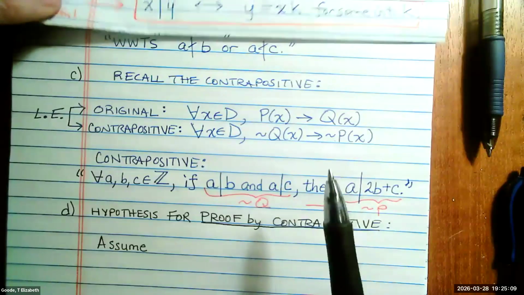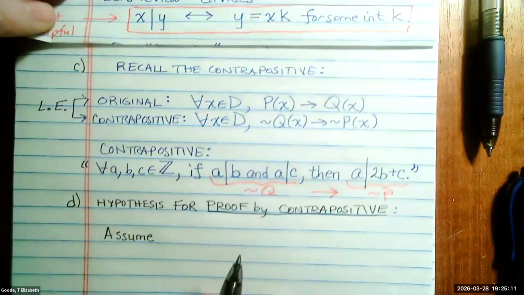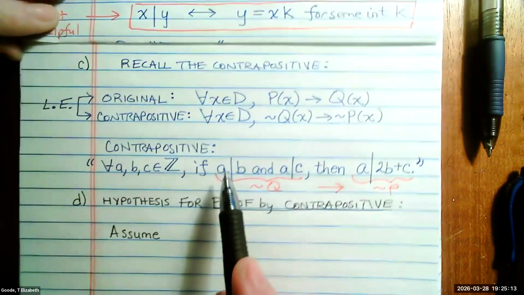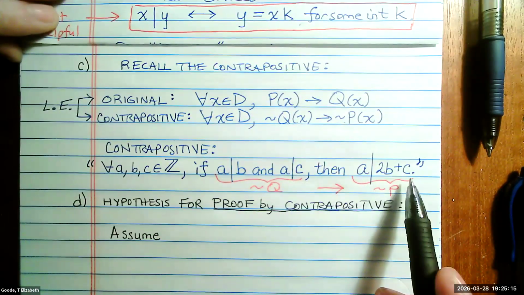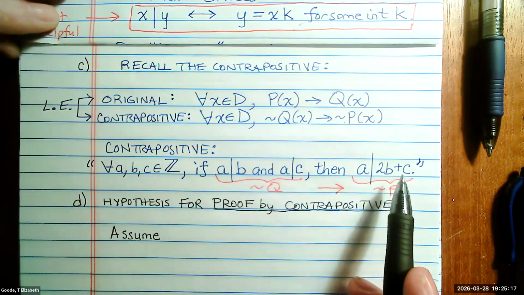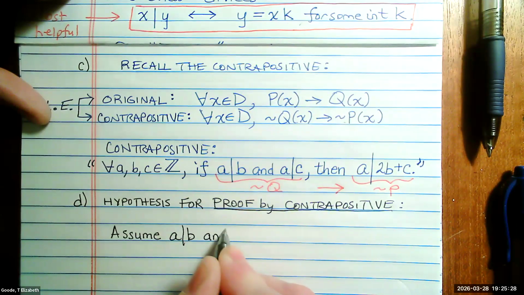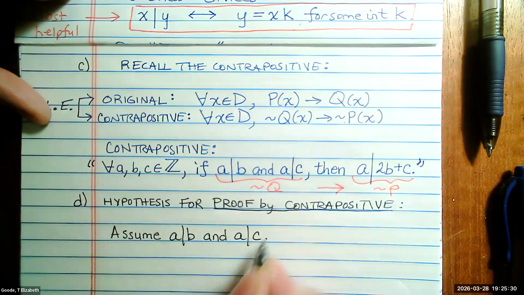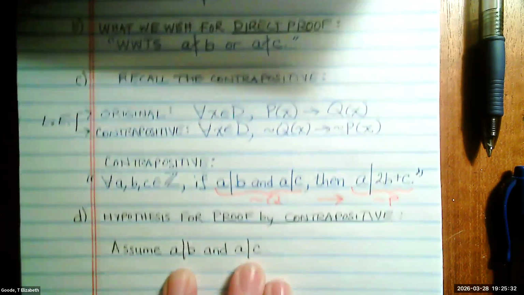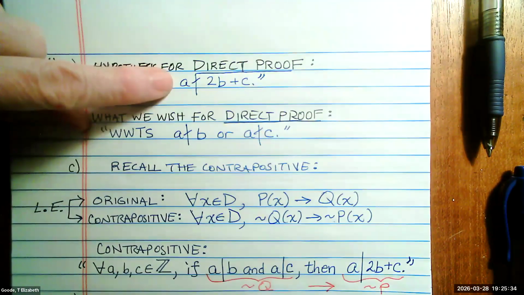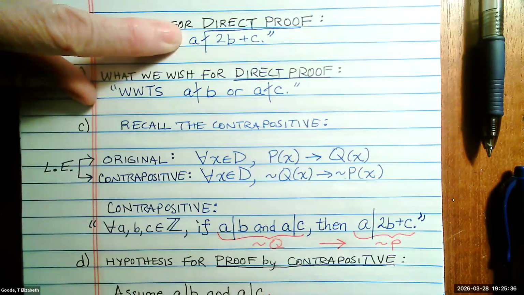Yes. But now you see we're going to use the contrapositive statement and prove it directly. So what should we assume? We should assume A divides B and A divides C. Nice. And you see the beauty of this hypothesis compared to the hypothesis for direct proof.